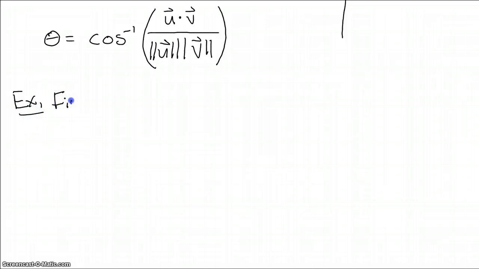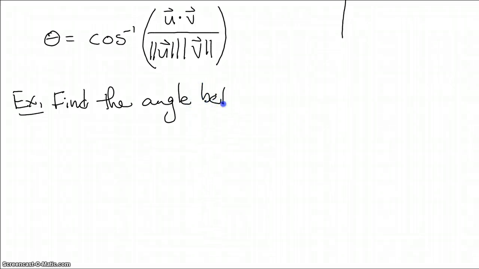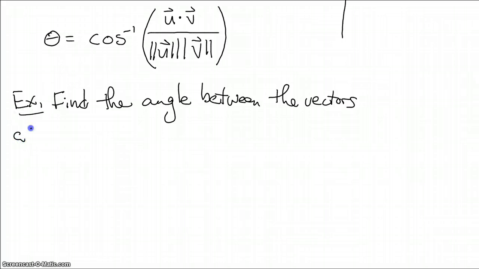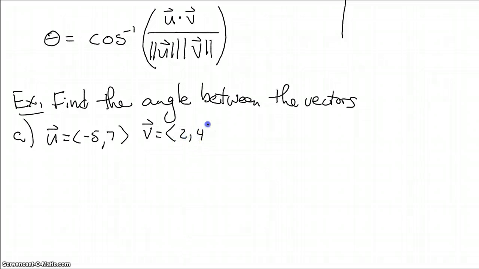So let's find the angle between the vectors. Alright, so part A, we might do a part B, we'll see. Let's say we have u is equal to -5, 7, and v is equal to 2, 4.